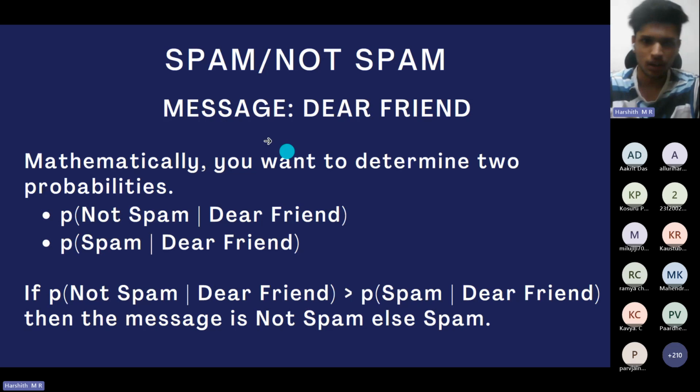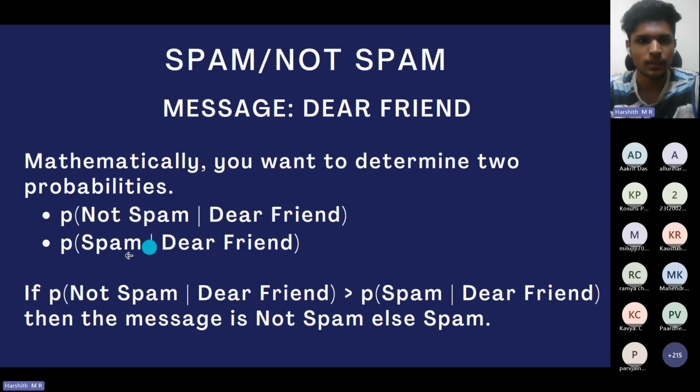When we get a message like "dear friend" and we want to classify whether this message is spam or not spam, mathematically, we want to determine two probabilities. One is the probability for the message being not spam, given that the message is "dear friend". And we need to determine one more probability, which is the probability for the message being spam, given that the message is "dear friend".